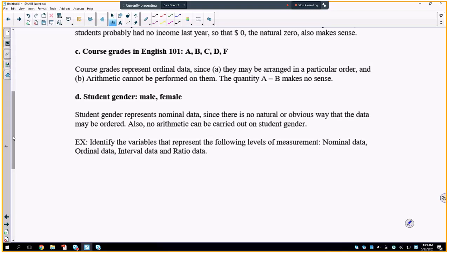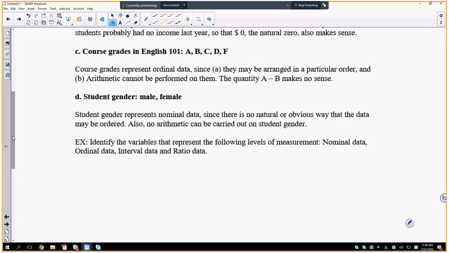And finally, what about student gender, male or female? This would be an example of nominal data because there is no way to do addition, subtraction, division, multiplication, and there's no clear order. There's no obvious way to say male is better than female or female is better than male.